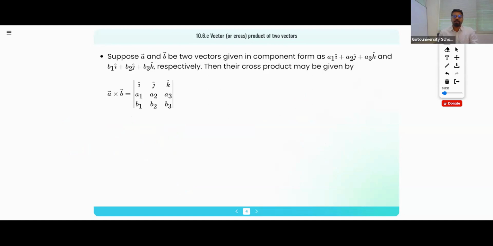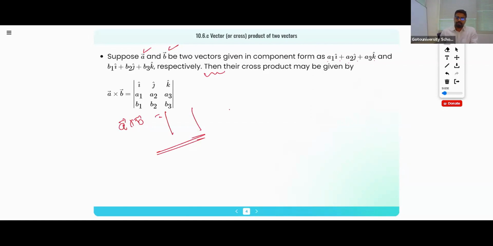Please check this clearly. If vectors A and B are represented in component form as A1i plus A2j plus A3k, and B1i plus B2j plus B3k respectively, then the cross product A cross B is represented by the determinant of this matrix. So please pay attention.